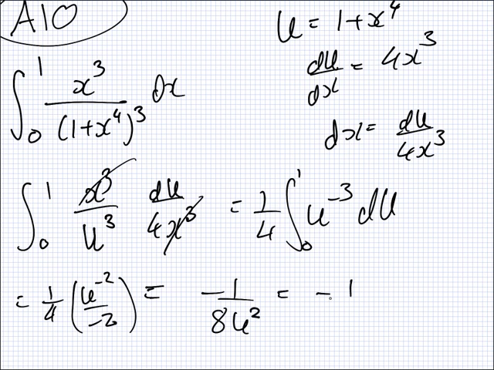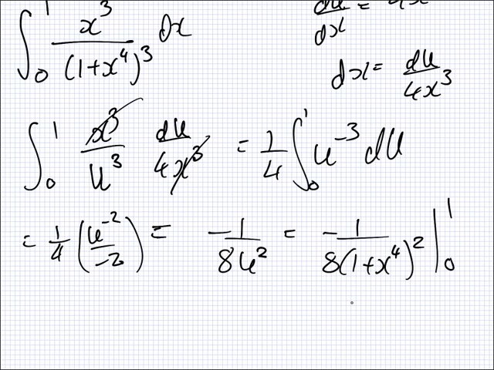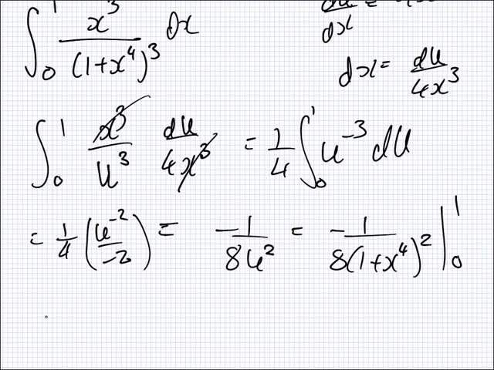But we need to convert that back into minus 1 over 8 times (1 plus x to the 4) squared, from 0 to 1. So you put in 1, you get 1 plus 1 is 2. Did you forget 1 plus 1 is 2? Classic maths mistake, forgetting that one.